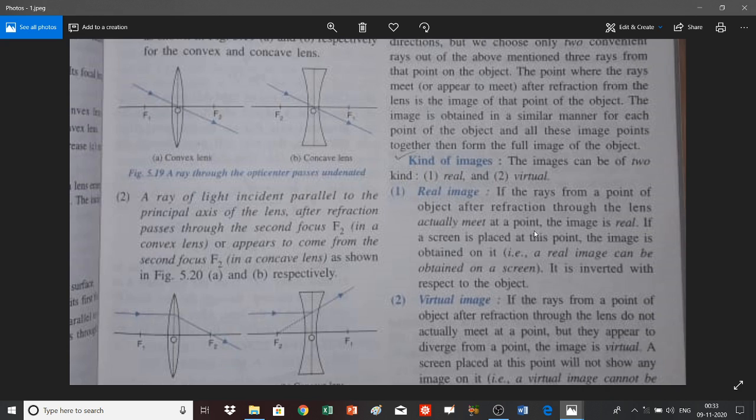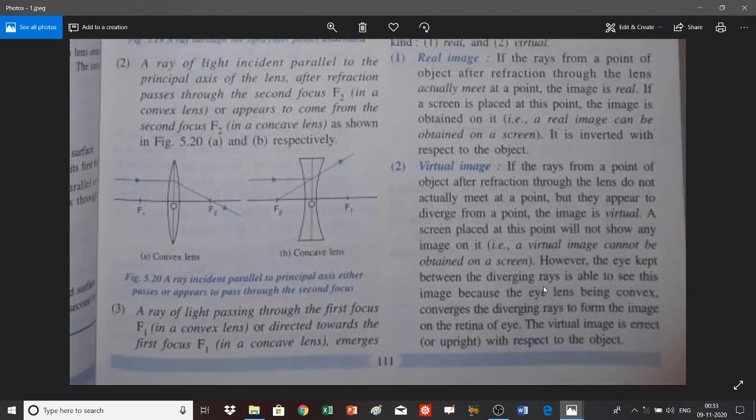This type of image is called a real image. A real image is an image formed by a convex lens in which the rays coming from the object actually meet at a certain point, and the image can be found on a screen.